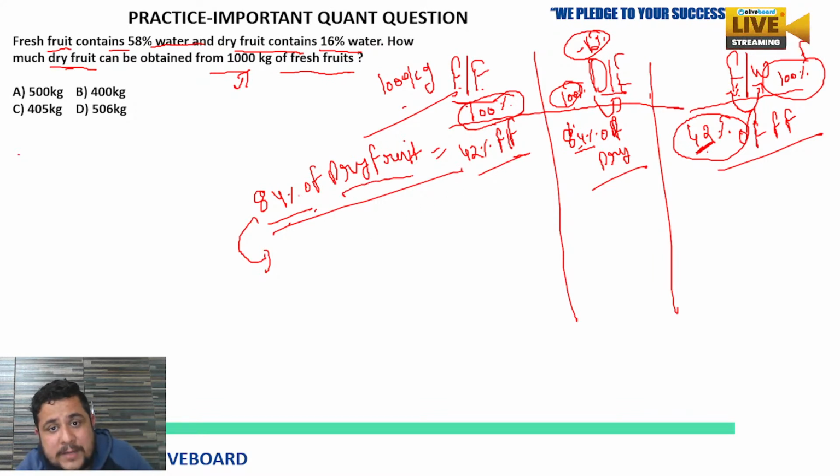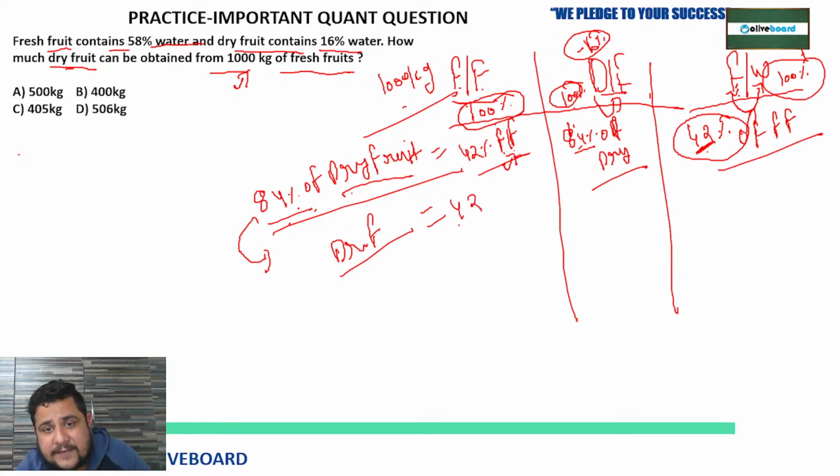So dry fruit is equal to how much percent of fresh fruit? So from here, dry fruit, DF, so 84% can go that side, 42 upon 84 of fresh fruit. When we cancel it, percent to percent will be cancelled.